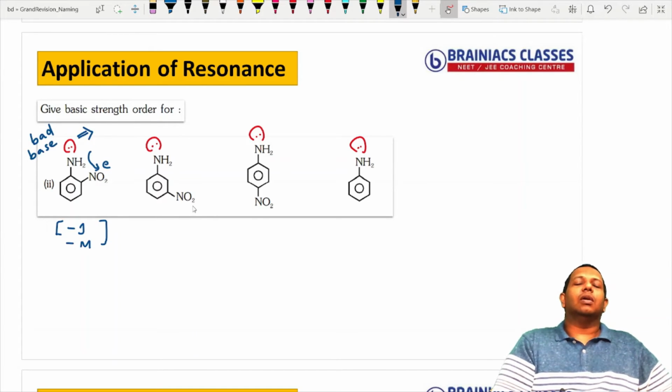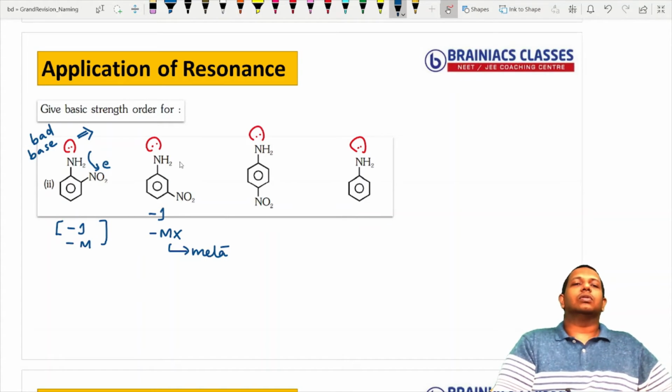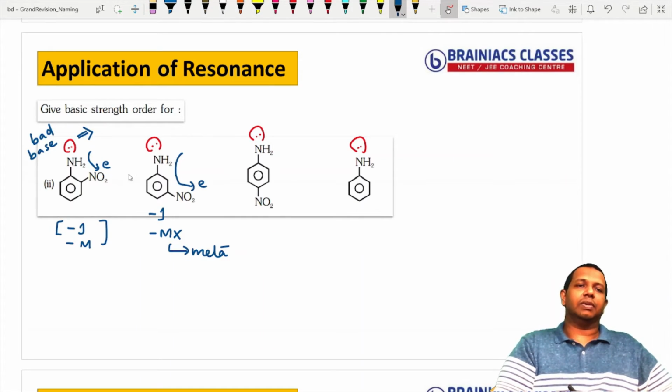Correct. Now here NO2 is present at the meta position. So what is only applicable here? Only the -I effect. -M will not come since it is present at the meta position. So through the -I effect, it will attract the electron, making it less available for donation. But anyway, this is a much better base than the first one.